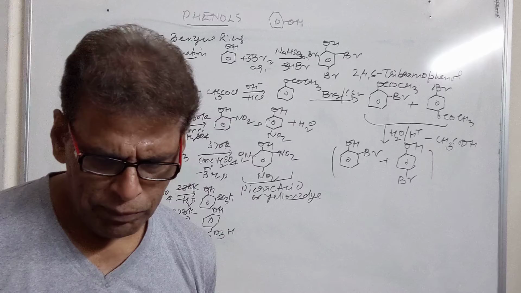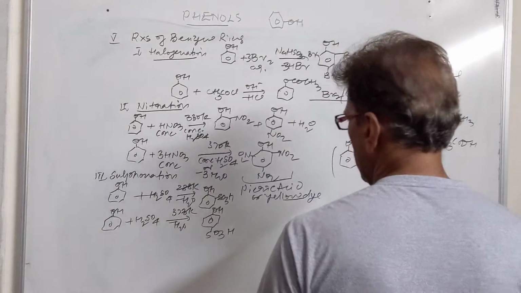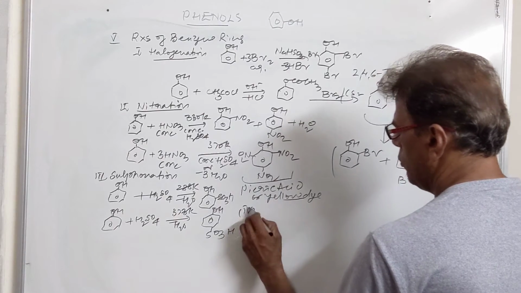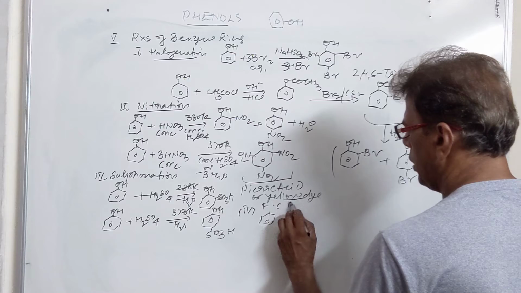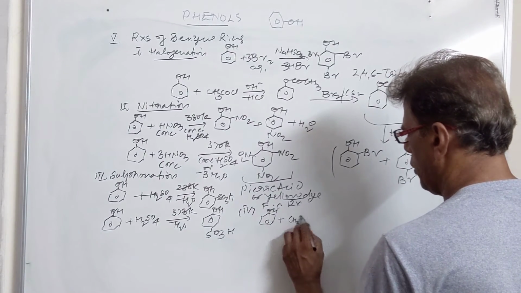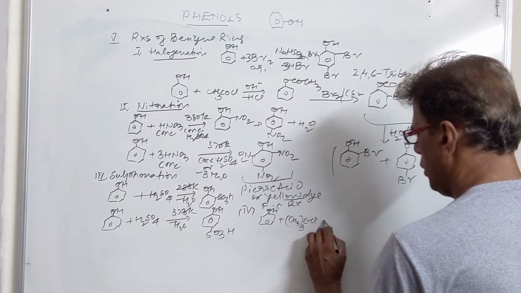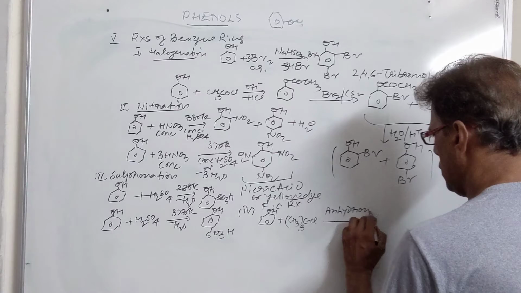Then we have the next reaction, that is Friedel-Crafts reaction. So in Friedel-Crafts reaction, what happens? Phenol is treated with tertiary butyl chloride in the presence of anhydrous AlCl3.